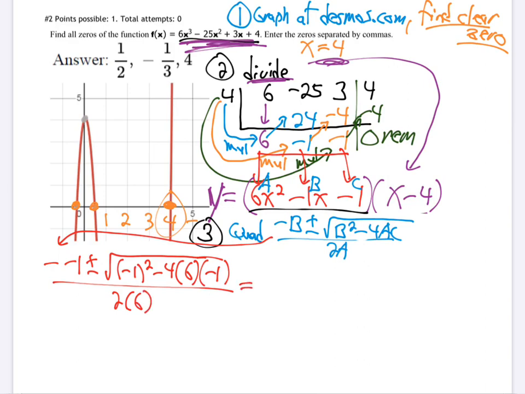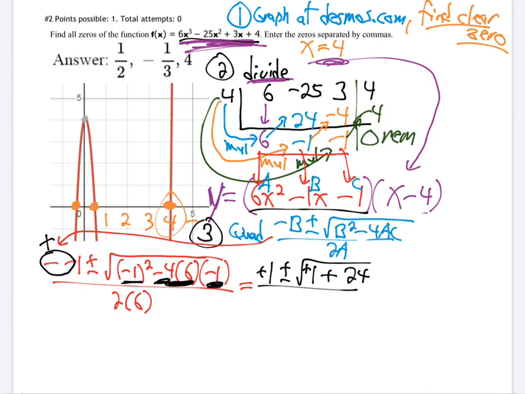all over 2a, which equals, so the two negatives here become positive 1, plus or minus the square root of 1, this minus 1 squared is positive 1, negative 4 times positive 6 times negative 1. You just count the negatives. Notice there's two negatives there. It's going to be positive, and 4 times 6 is 24, times 1 is just 24.